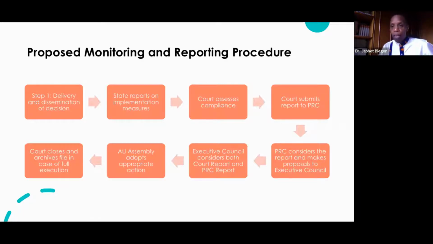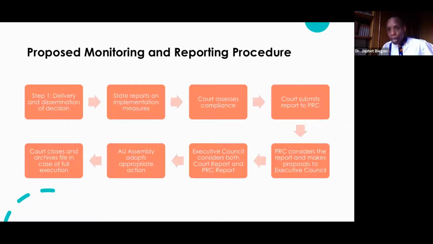Then the court will submit the report to the Permanent Representative Committee, essentially to the Executive Council through the PRC. The PRC will consider the report of the African Court on implementation. Then it will come up with a proposal on what needs to be done.